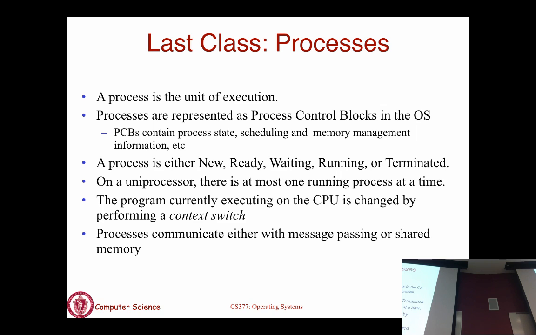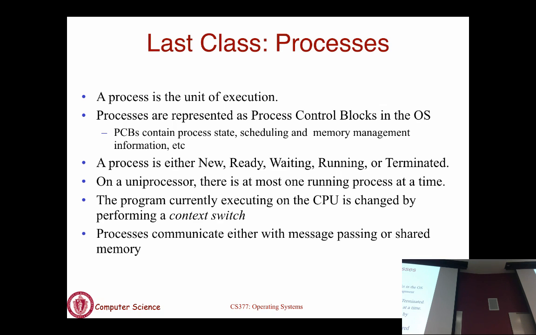So last time we were talking about processes. I introduced the definition of what is a process. It is essentially a program in execution. It's the dynamic execution context of a program rather. Processes are tracked by the OS kernel using a data structure called the process control block.